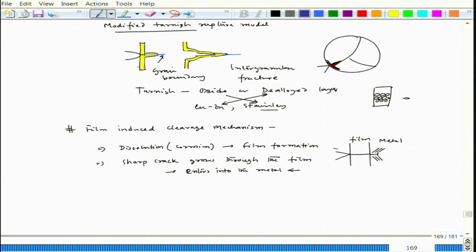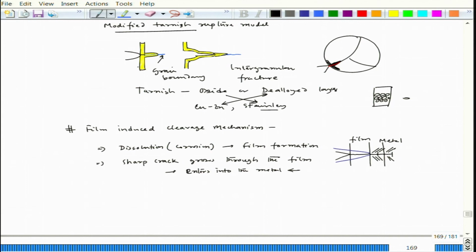So, once the crack is arrested, the second step is the crack moves into the material like this, and then another film will form. So, here the film forms again and the crack grows in, and then it also enters into the metal, and then the deformation again happens and the crack stops here. So, it continues in this cycle.